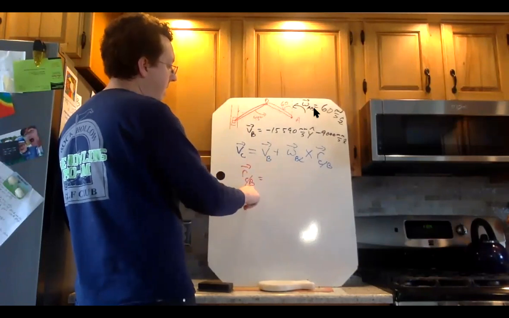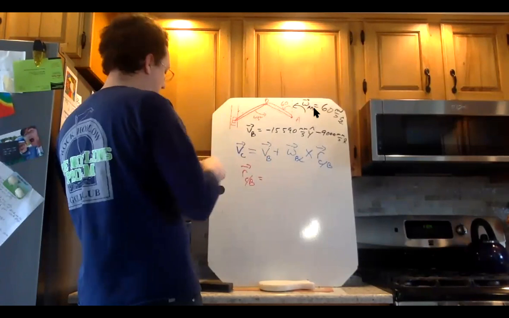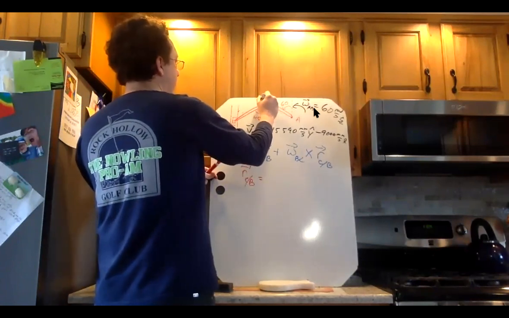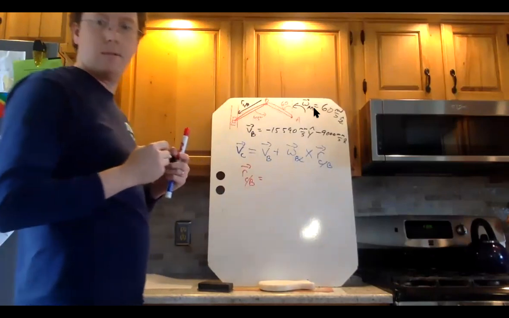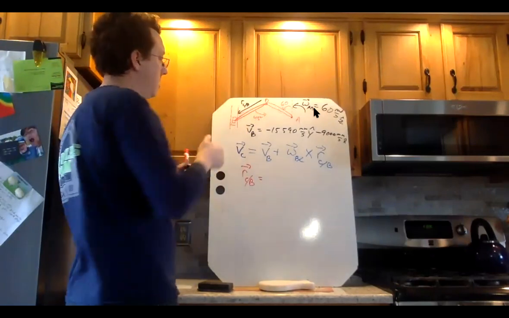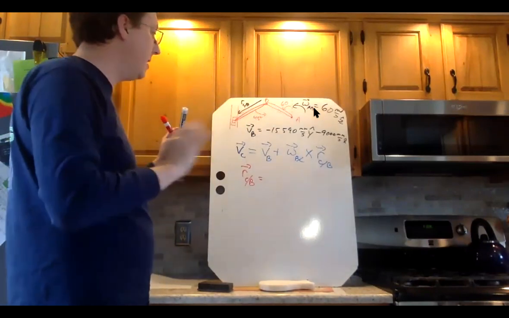RCB means if you're standing at B, looking at C, which way would that vector point? RCB points that way. So this would be down and left. Okay.